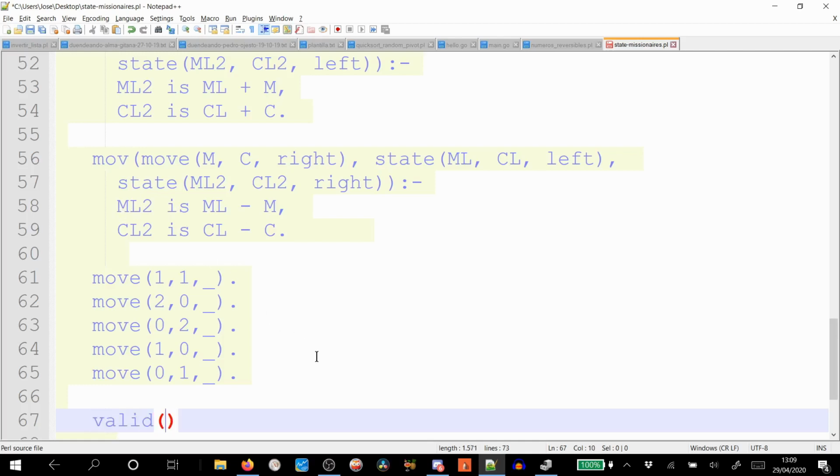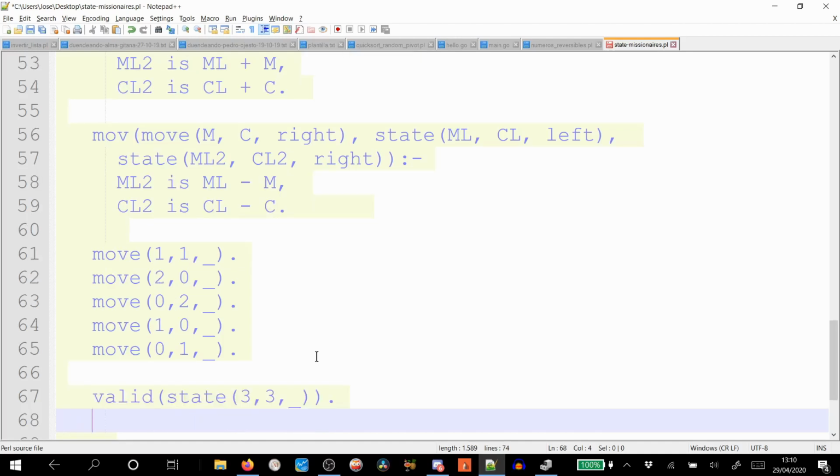What means a valid state? What are valid states with the restriction of the problem? For example, a valid state in the left side is 3 and 3. It's a starting point. 3 and 3 is a valid state. What more? Valid state. What more is valid?